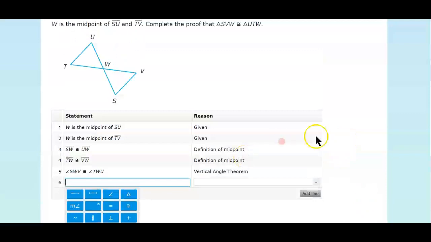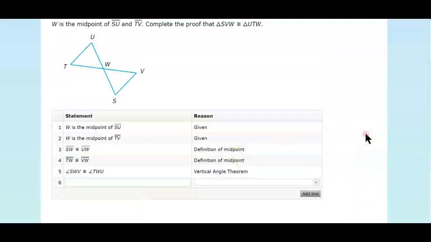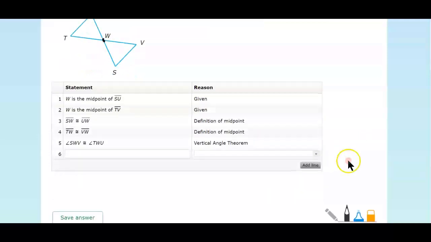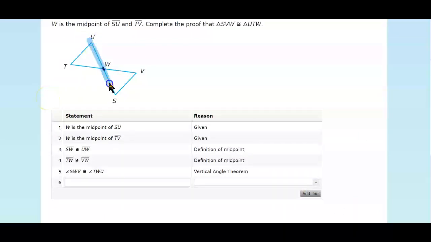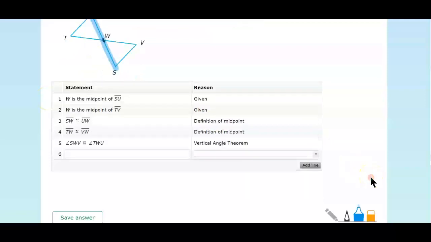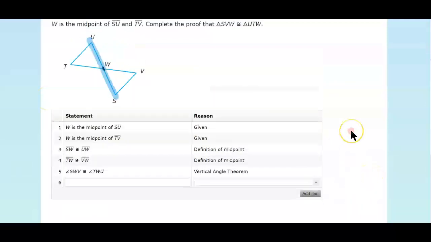Number 3. W is the midpoint of SU. And I'm going to add some highlighting here. Given. W is also the midpoint of TV.